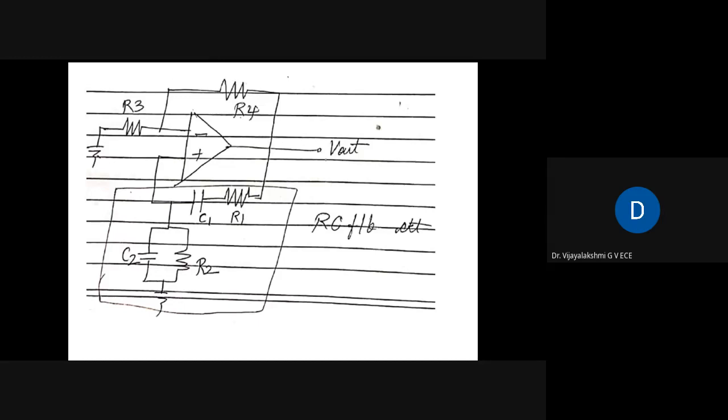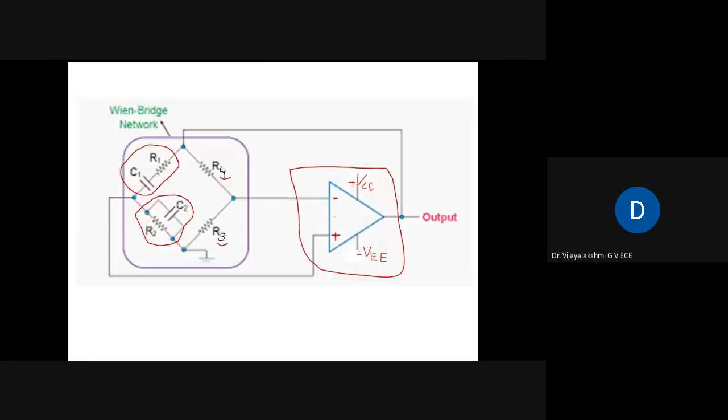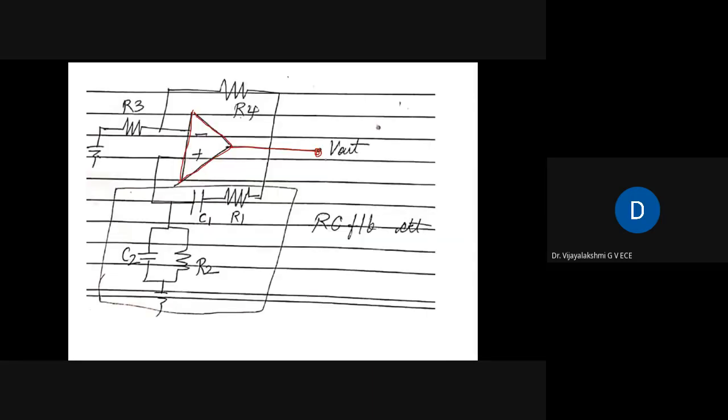So I have an amplifier here, and this is the output. Let me go back to the previous circuit. You can see to the inverting terminal I have R4, and that is going to the output.